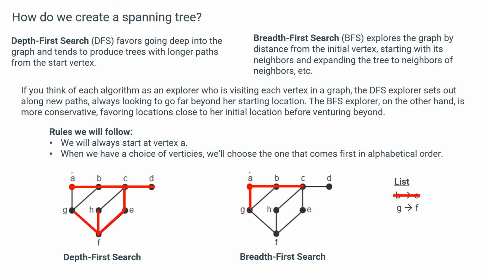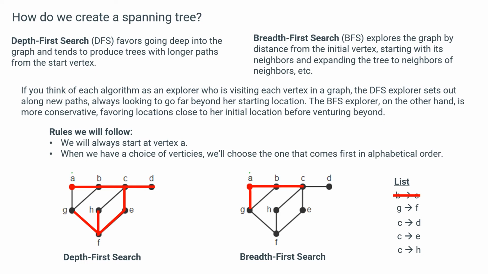Okay. Now, again, I'm not going to go on to C's neighbors, but I'll at least put on the list what C's neighbors are. C has a neighbor of D, C has a neighbor of E, and C has a neighbor of H. So those are things I might come back to, but I'm not going to do right yet.